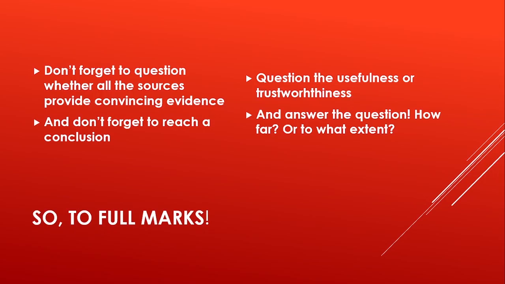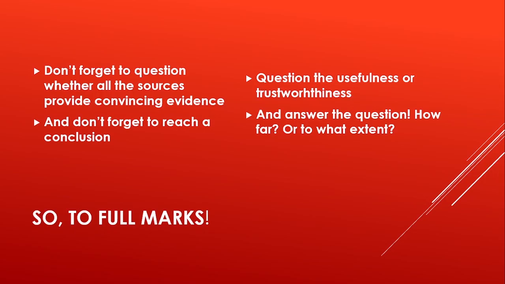The examiners are instructed to give you up to 2 marks for evaluating the merit of sources, but no more than 1 mark per source. So the maths is simple. Evaluate the merits, usefulness, trustworthiness, or whatever of 2 sources, and do make sure you reach a conclusion as well.